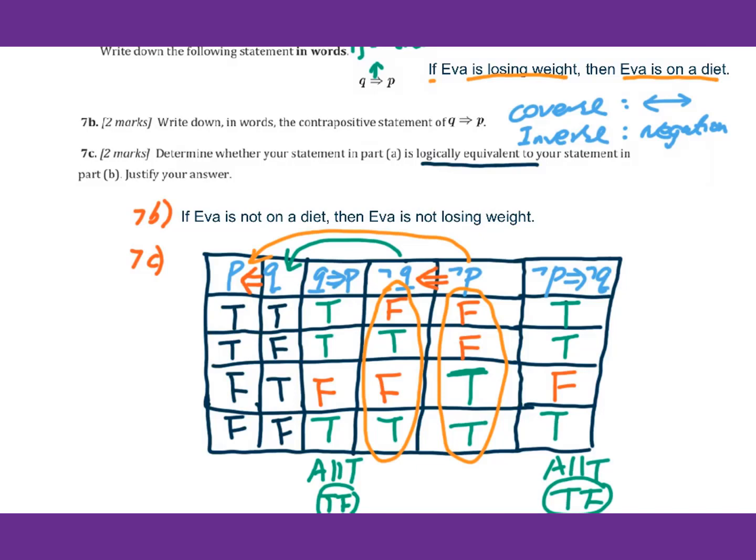In this way, we justified our answer, which means these two, Part A and Part B, are logically equivalent to each other because we have exactly the same values in the truth table.